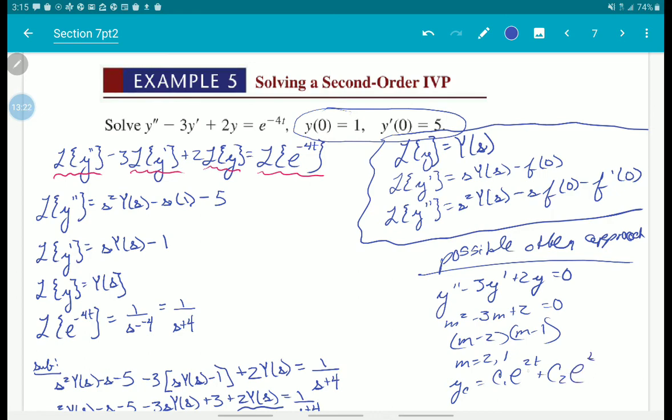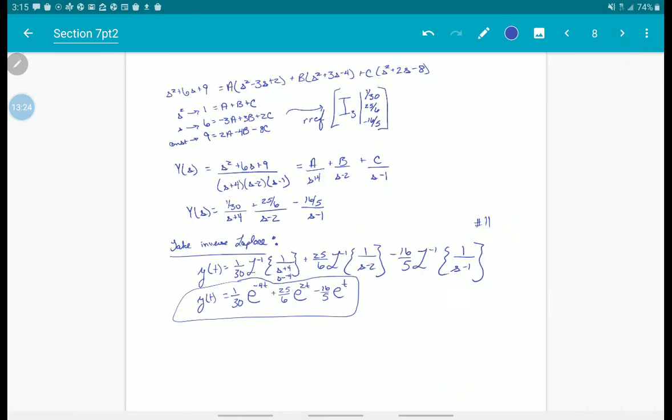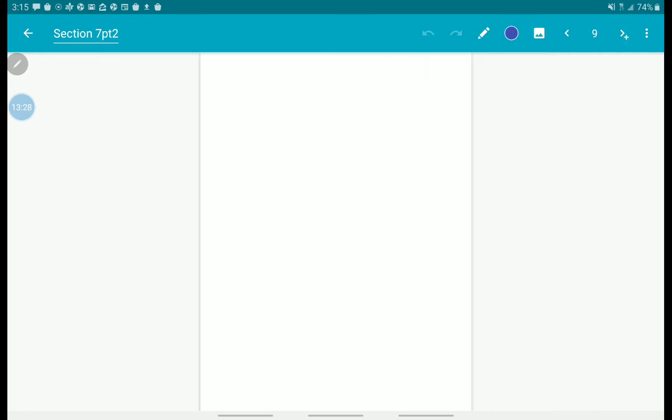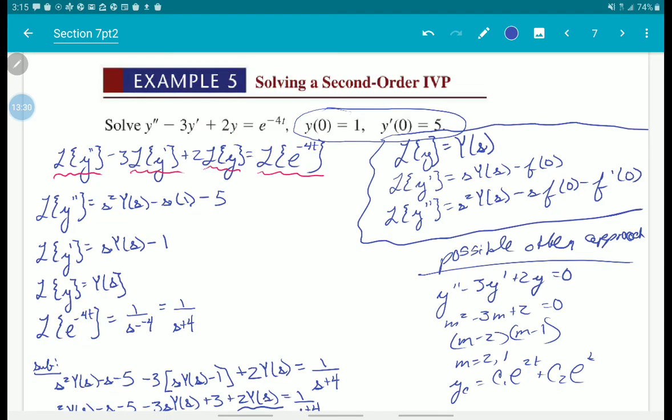So you can see where that e to the 2t and that e to the t are coming from over here. But we had a C1 and C2 in front because we were not to the point where we can apply all of this information.